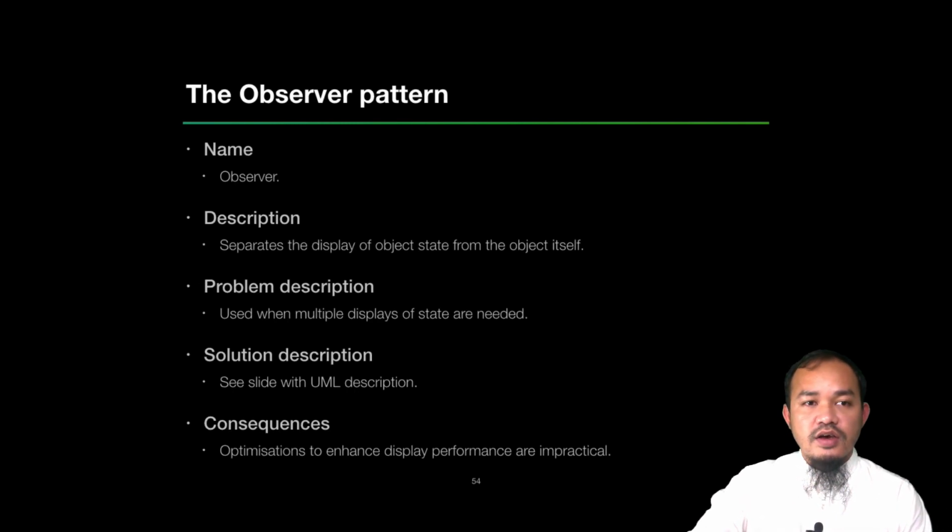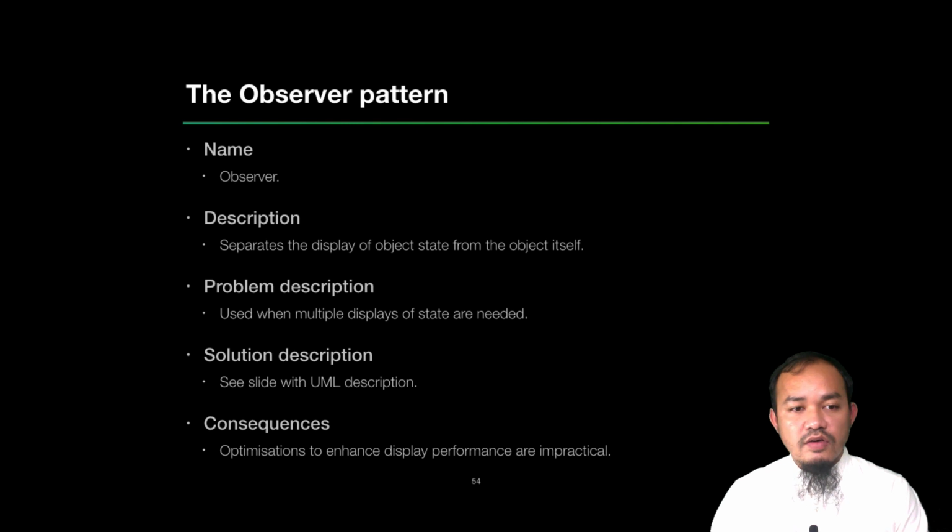We apply this pattern. For example, the pattern named observer pattern. The name is observer. The description is to separate the display of object state from the object itself. The problem is used when multiple displays of state are needed.